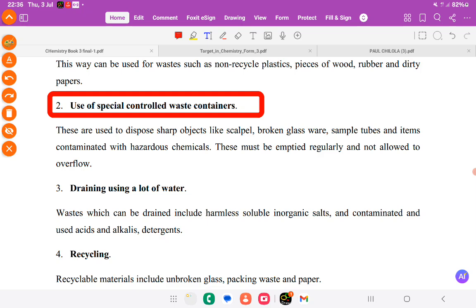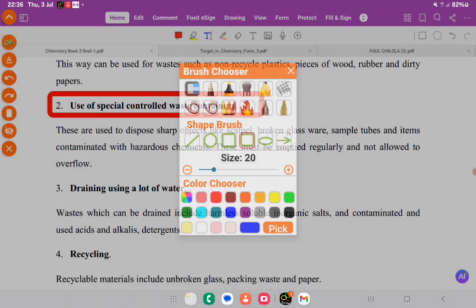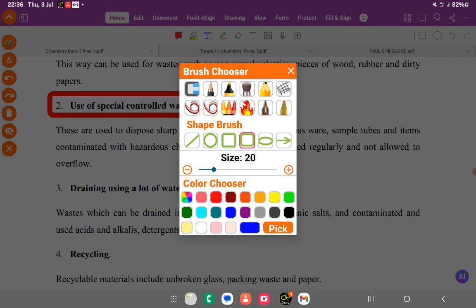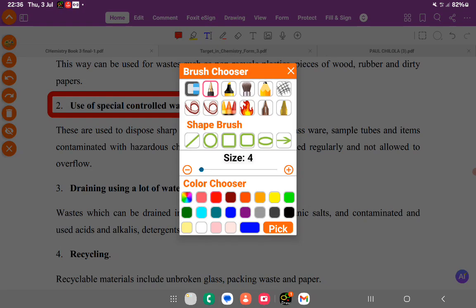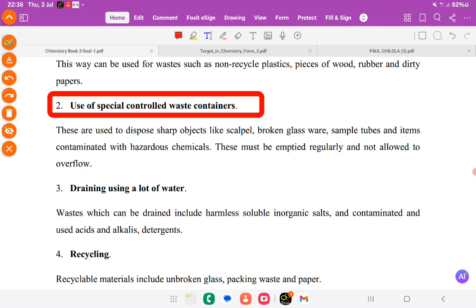And use these to dispose of waste such as sharp objects, objects such as broken glass, scalpels, sample tubes, and items contaminated with hazardous chemicals.